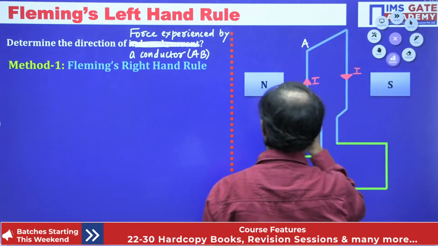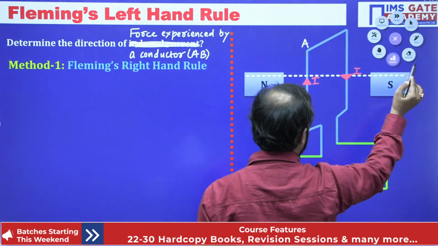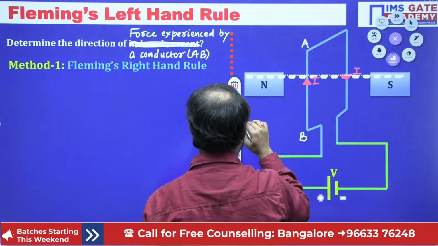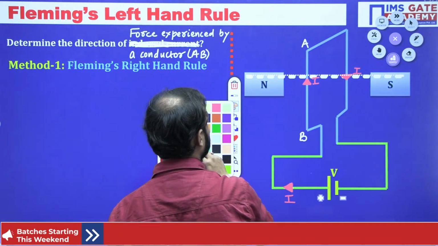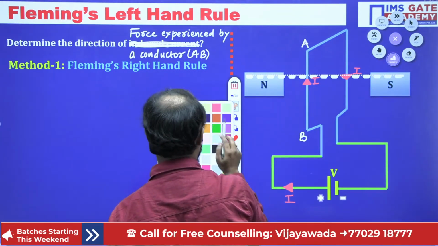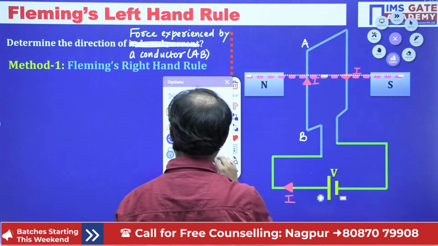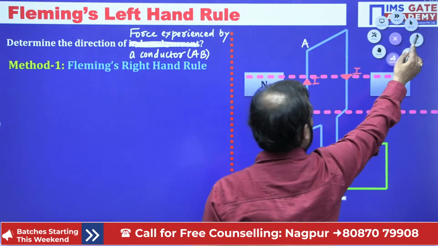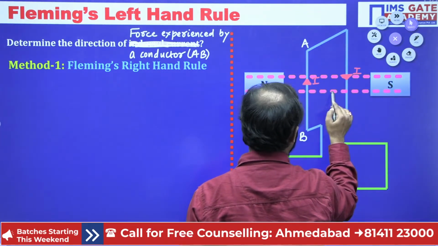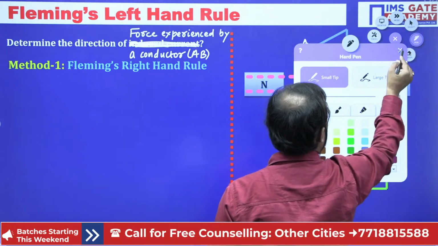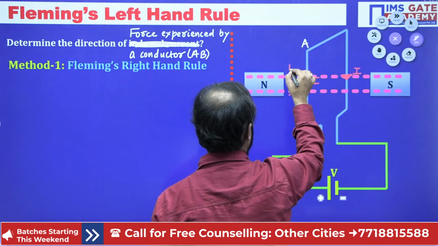From north to south, like this. This is the magnetic field direction, B.